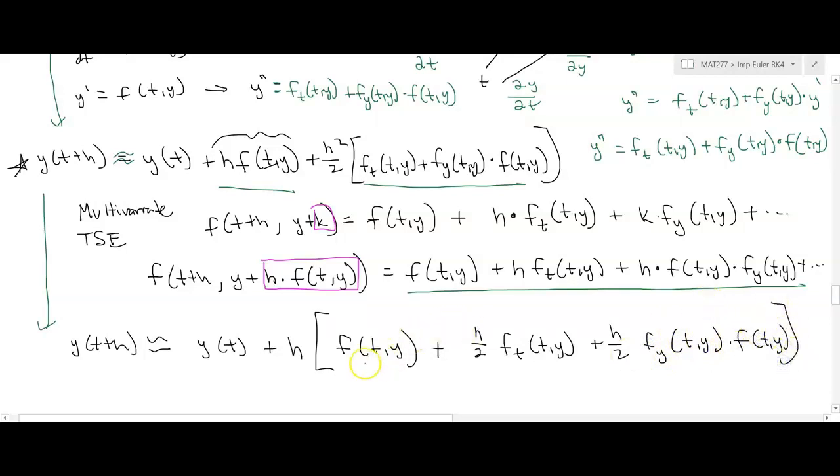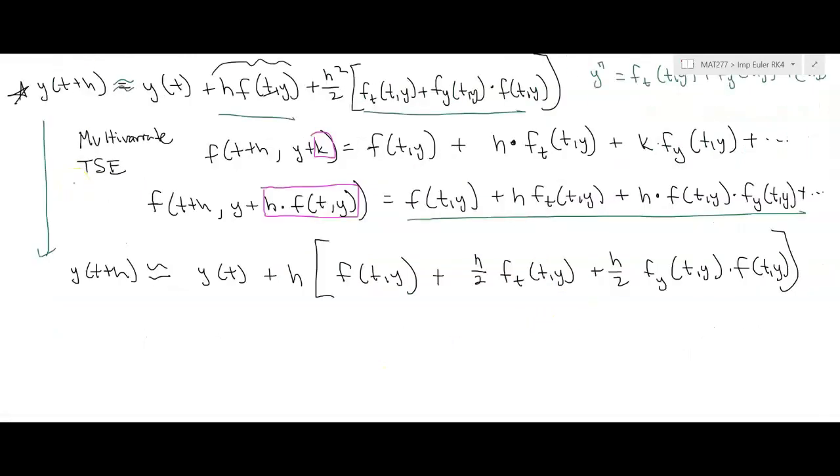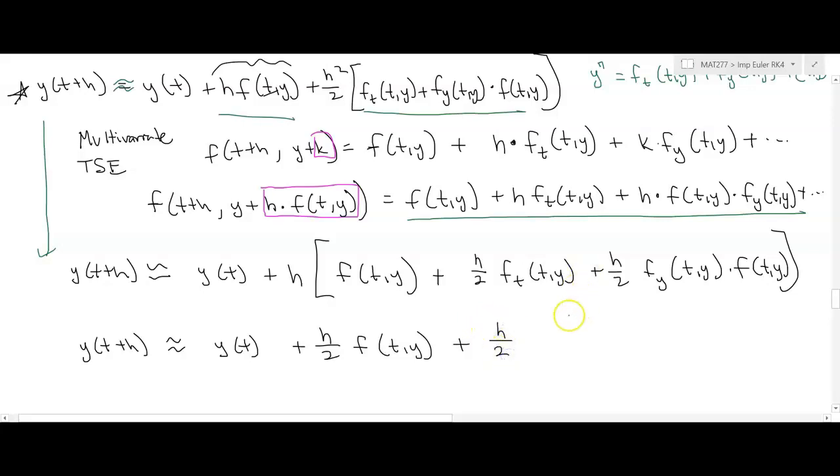And what we should see from this is that this again resembles very closely what we have right here, with the exception of that factor of 2. And I'm going to argue that if you rearrange this a little bit more, you'll have y of t plus h is approximately equal to y of t plus h over 2 times f of t comma y plus h over 2 times f of t plus h, y plus h f of t comma y.